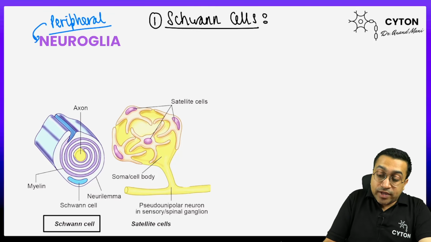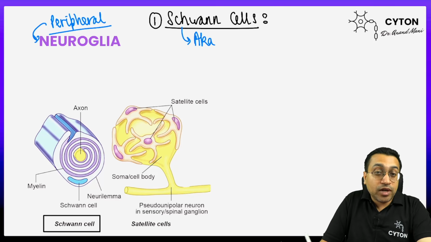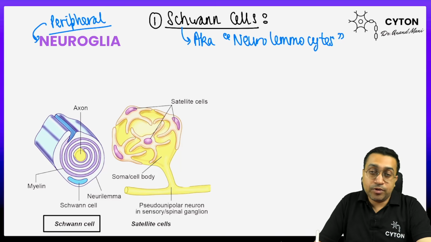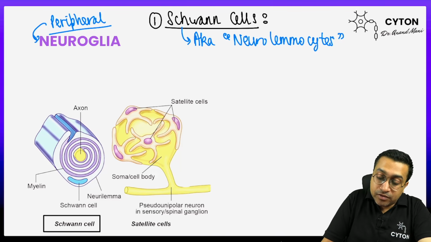So these Schwann cells are also known as neurolemmocytes. This can be asked in MCQ, please be aware. And they are present only in the peripheral nervous system.